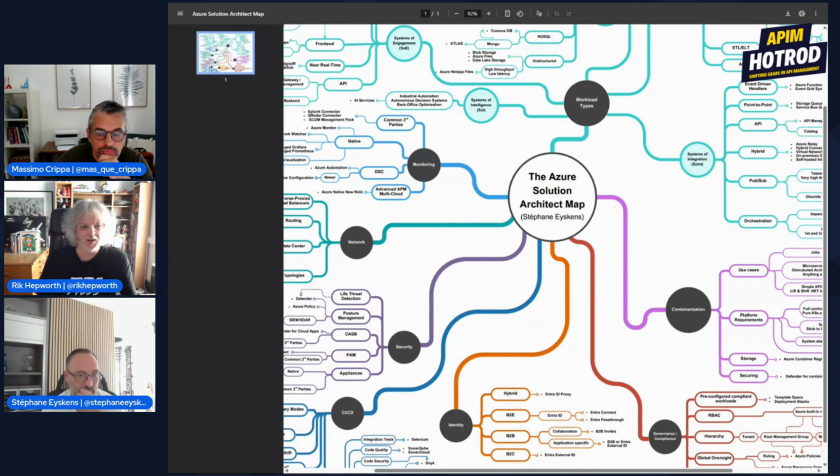And also the maturity of the customer, right? I mean, the show's called APIM Hotrod, right? Nine times out of ten, when I'm building these things, there's some reason I need to put API management in, and often I'm having a conversation with customers about where they are on that cloud maturity journey. Are we actually starting to build them a central capability, even though we might be a small project or the first guys in the door?